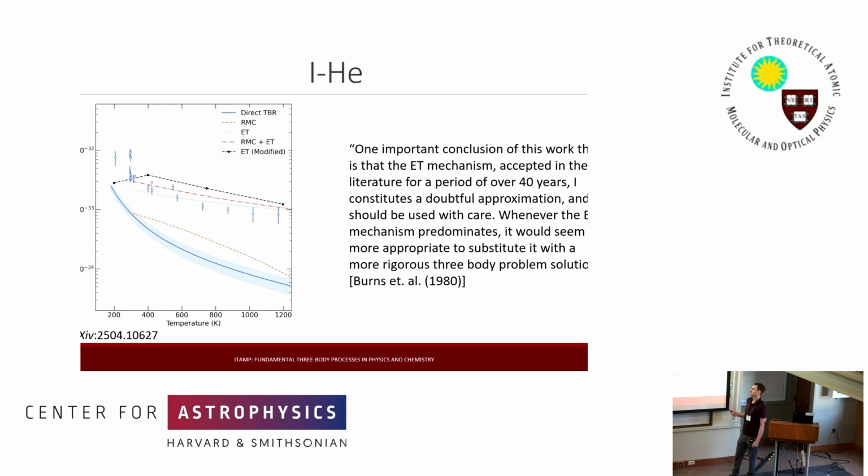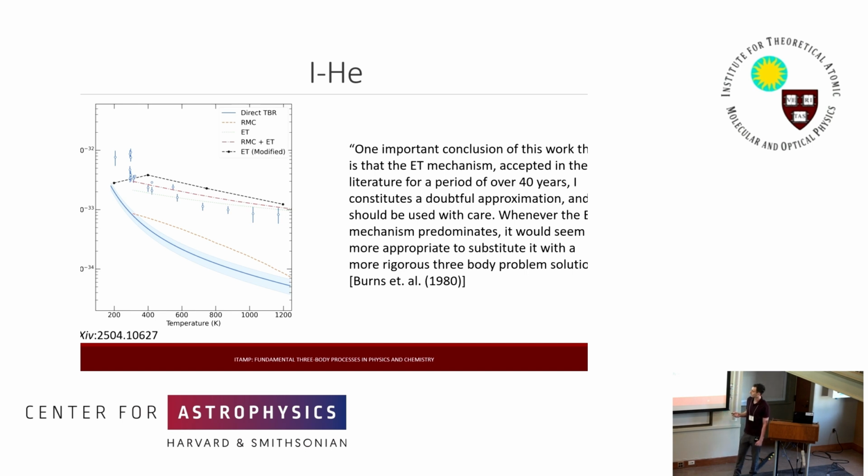Whenever the ET mechanism predominates, it would seem more appropriate to substitute it with a more rigorous three-body problem solution." So this is essentially one way that we'd like to use this more rigorous approach, I suppose. And yeah, we're doing pretty good as far as the temperature dependence goes.